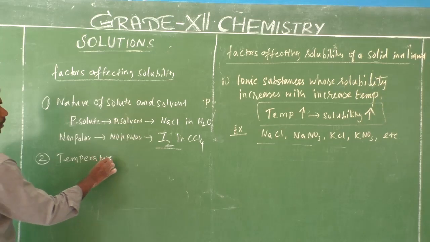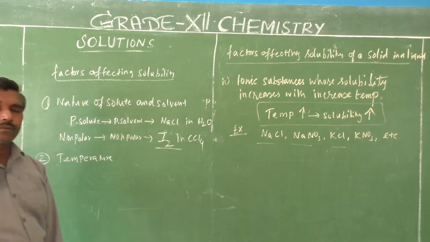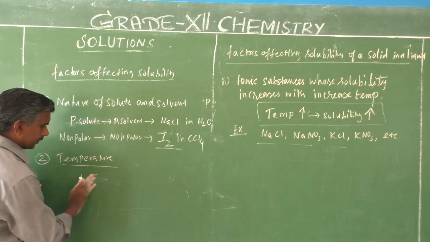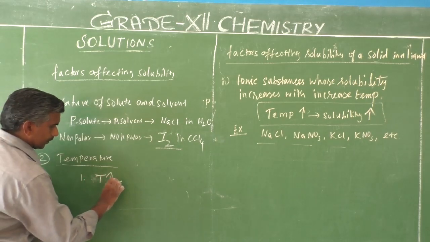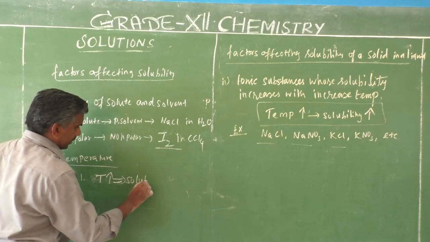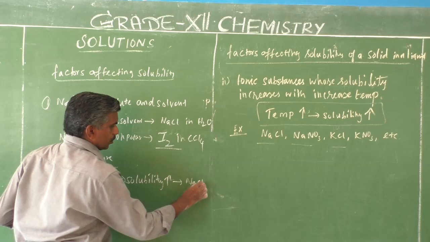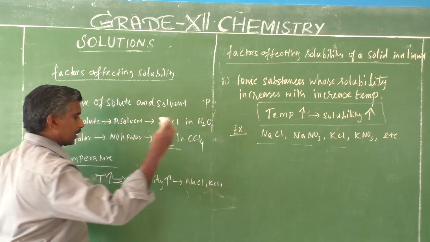Second factor affecting solubility. For some substances, temperature increasing, solubility increasing. For example, sodium chloride, potassium chloride and so on.